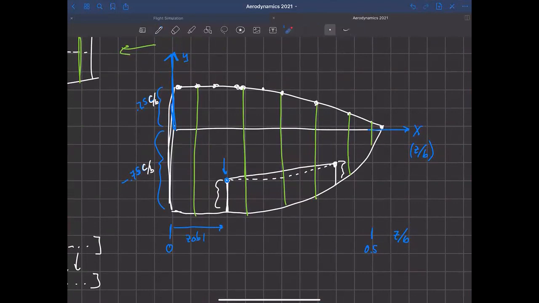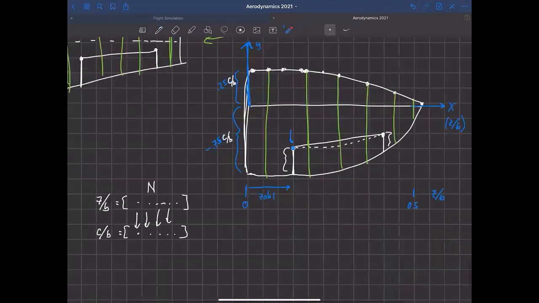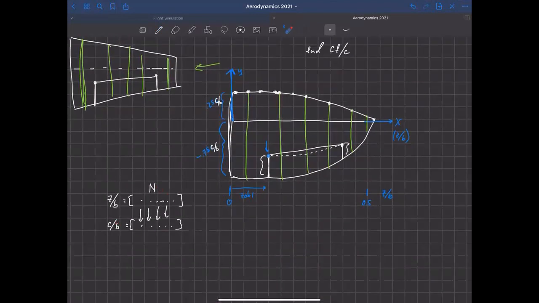Well, I don't necessarily already know the chord there because I don't necessarily have a vertical line here. It's not necessarily already in this array of Z over B's and C over B's that I have. So I need to compute the C over B. I'll just put in a dashed line here. I've got to figure out what C over B is at Z over B1.